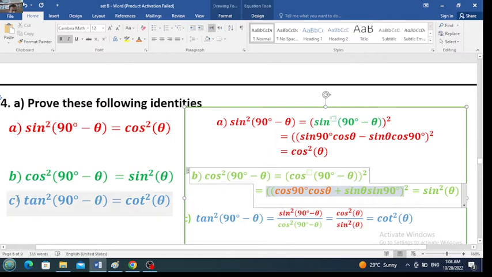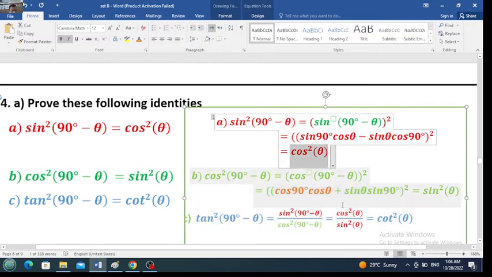Now, for C, tangent squared of 90 minus theta equals cotangent squared of theta. I will just use the trig ratio for sine and cosine. Tangent squared of 90 minus theta is sine squared of 90 minus theta divided by cosine squared of 90 minus theta. Sine squared of 90 minus theta we showed is cosine squared of theta.